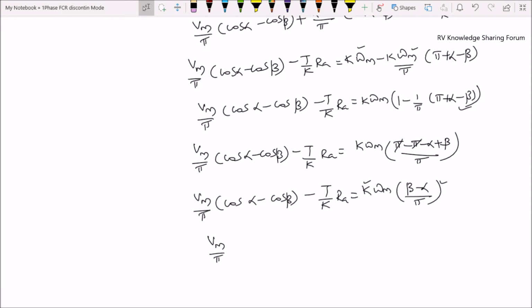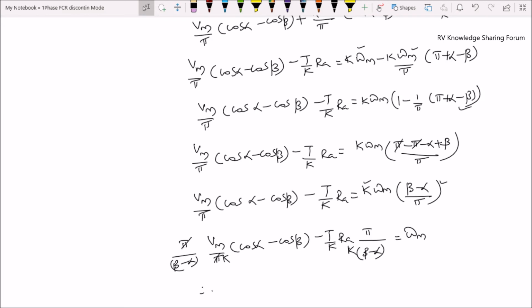Now let us bring this K and (beta minus alpha) by pi to the left hand side. So Vm by pi (cos alpha minus cos beta) minus T by K RA. If you bring this to the left hand side, this K will come here, and (beta minus alpha) by pi becomes pi by (beta minus alpha). Therefore pi and pi get cancelled with each other. Similarly here also it will come pi by (beta minus alpha), which is equal to omega m, and this K also comes here.